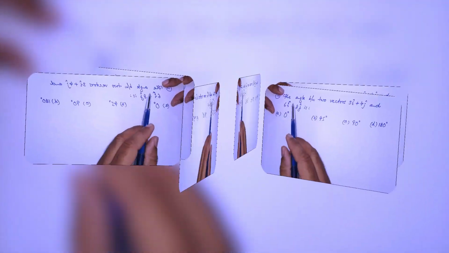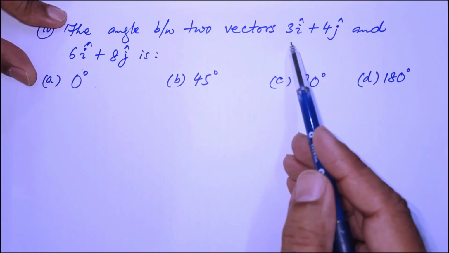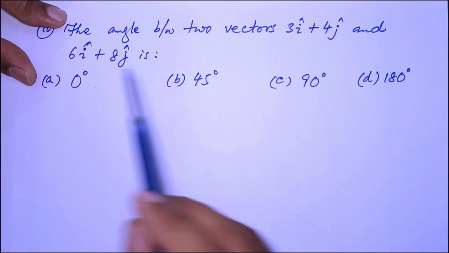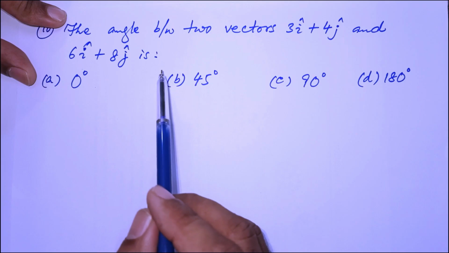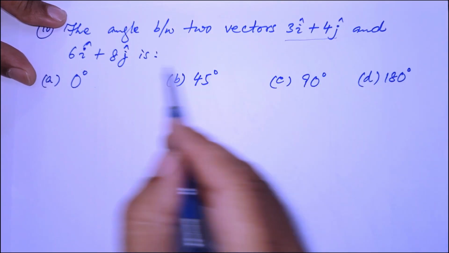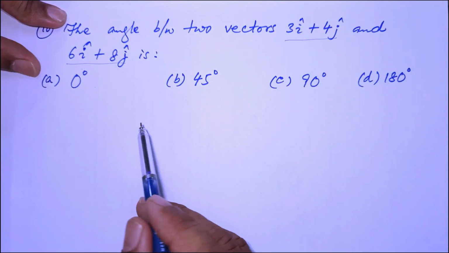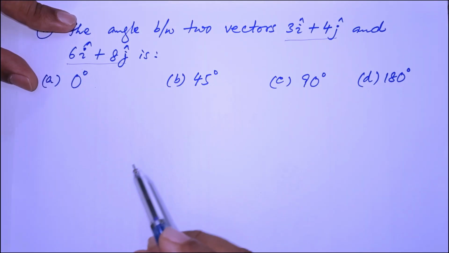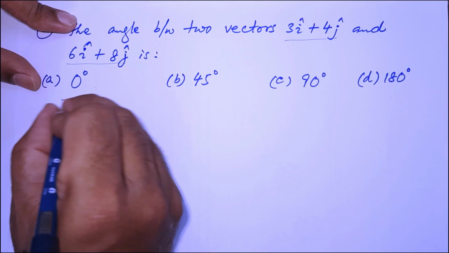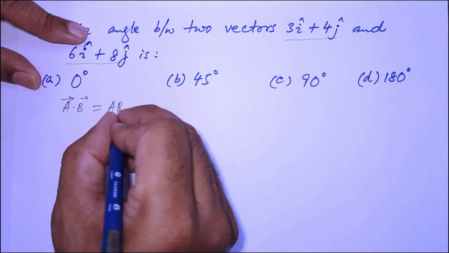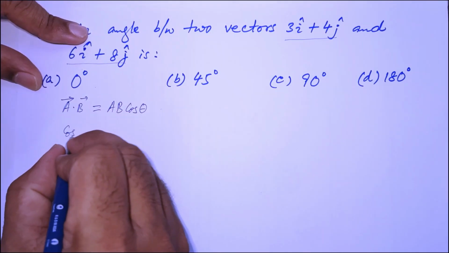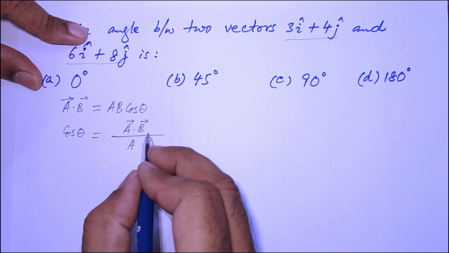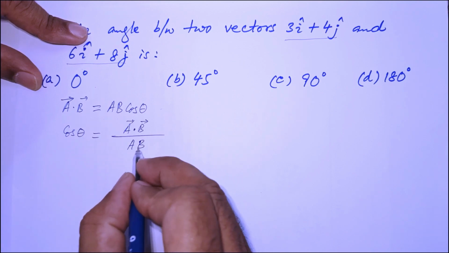Now move to the last problem. The angle between two vectors 3i plus 4j and 6i plus 8j is. Now we have to solve it completely because these two vectors do not have any negative sign. So there is no chance of getting A dot B equals 0. A vector dot B vector equals AB cos theta. We have cos theta equals A vector dot B vector divided by AB.